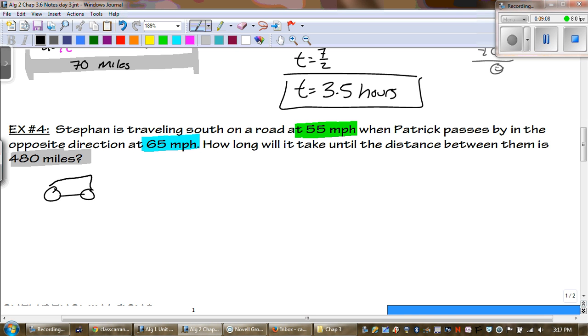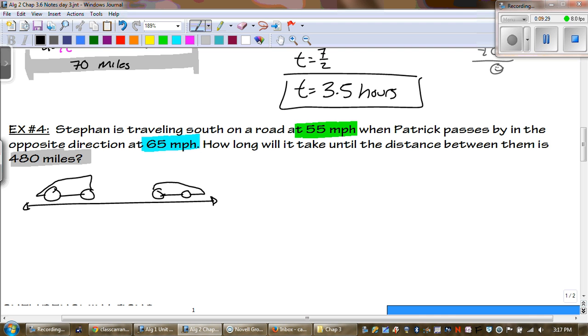So here's my cool space car. We got one person going 55 miles per hour. And the other guy, he's going a little faster, so he's going to have a little sports car. Woo! Don't you want one of those? And he's going 65. Okay?